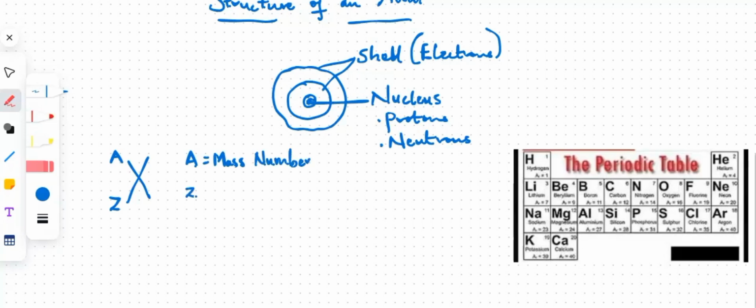Z is the atomic number. And X itself is the atom of an element, so it's the element.